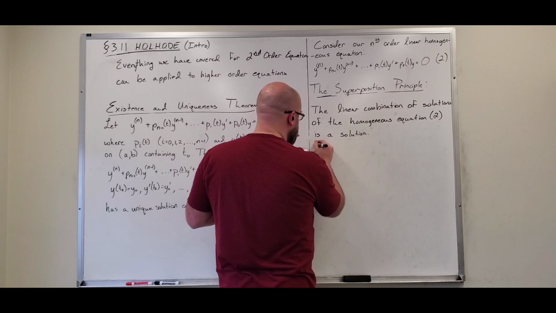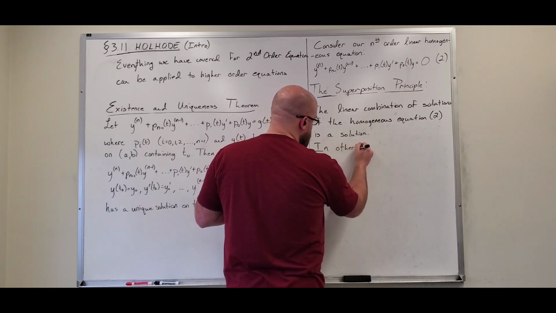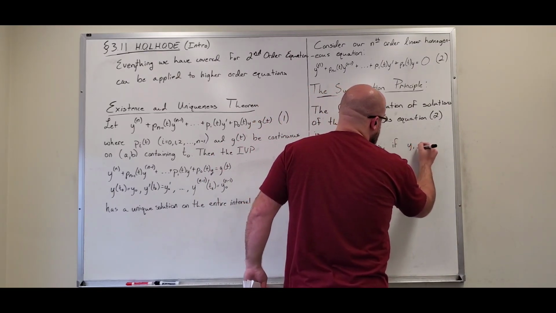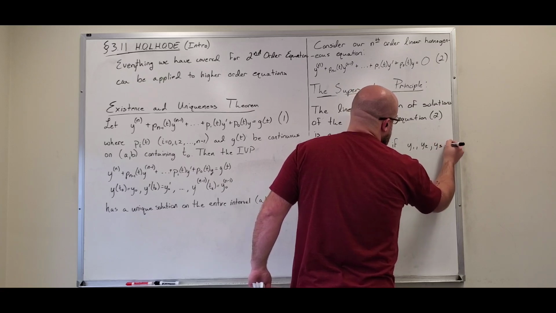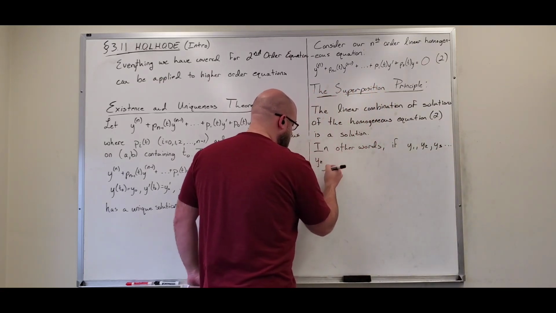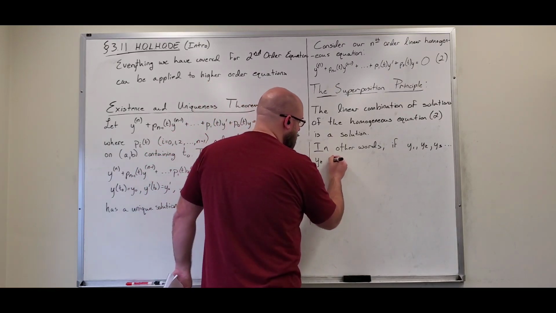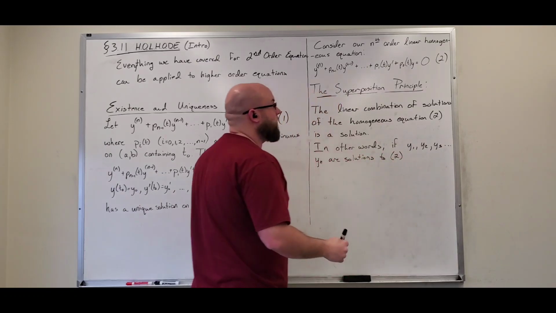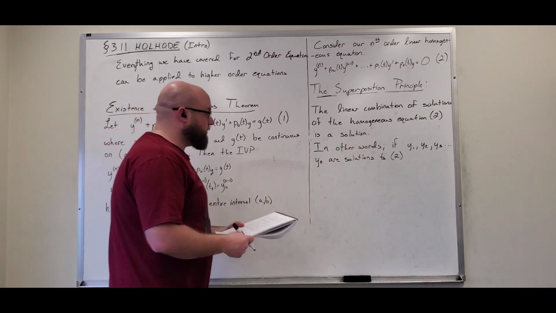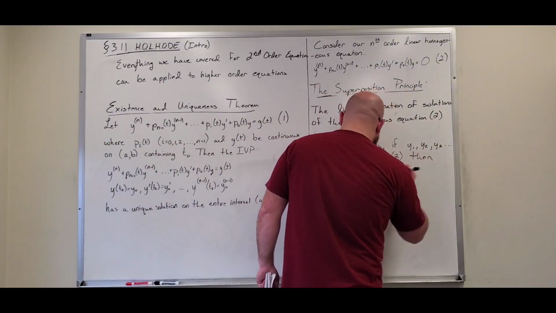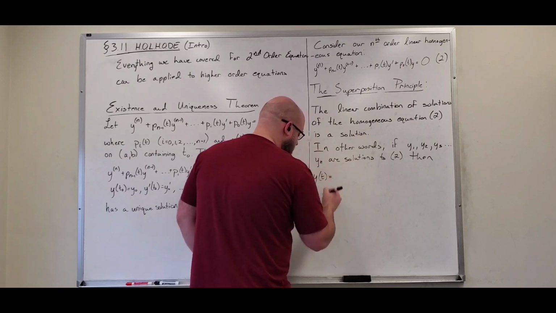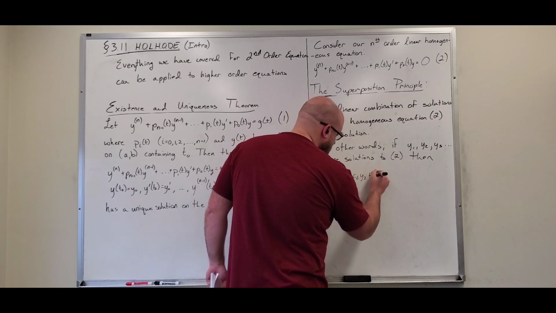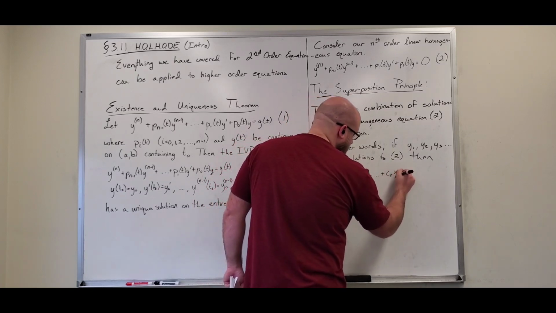In other words, another way to state this: if y1, y2, y3, up to y sub n are solutions to equation 2, again referring back to this equation here, then y sub t is equal to c1y1 plus c2y2 plus so on up to c sub n y sub n.